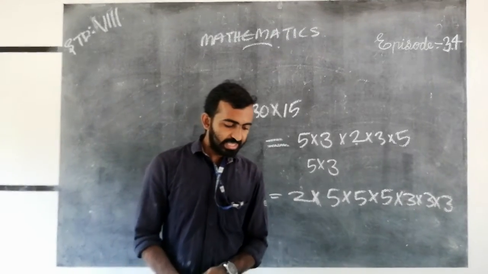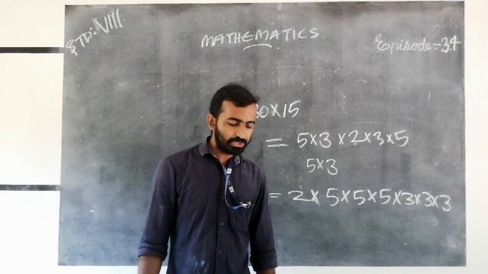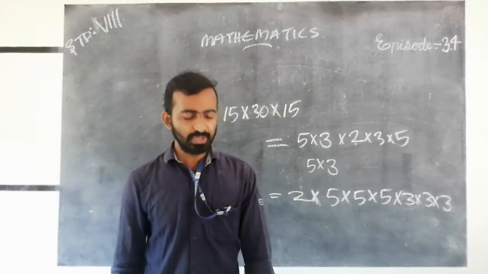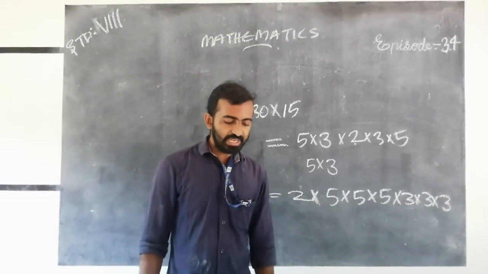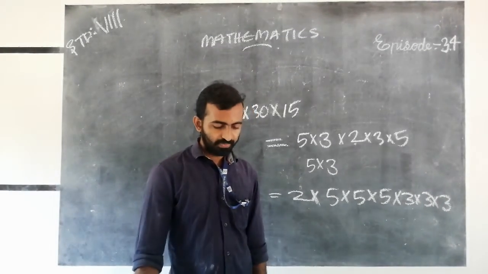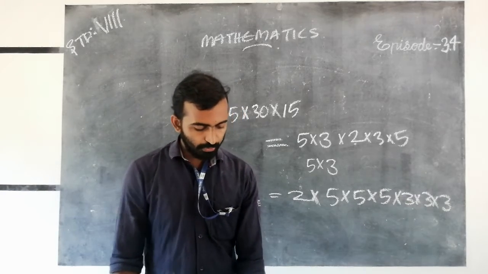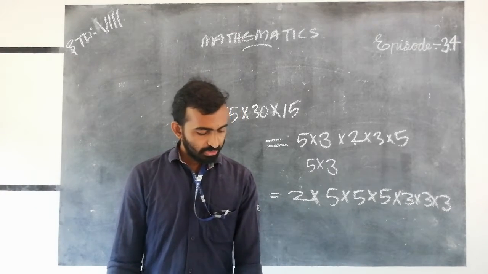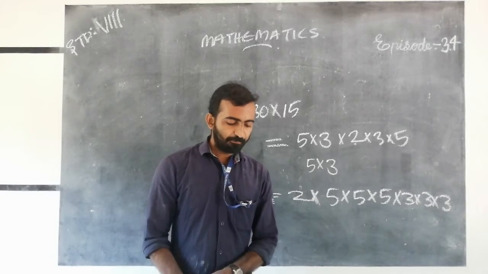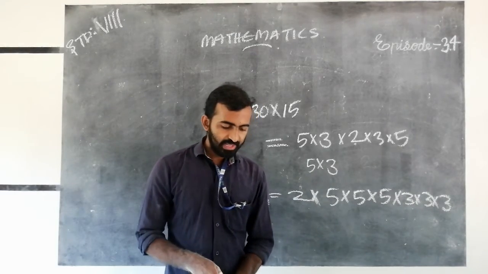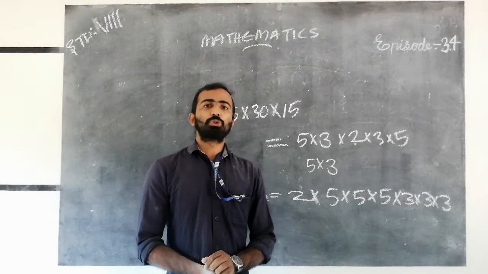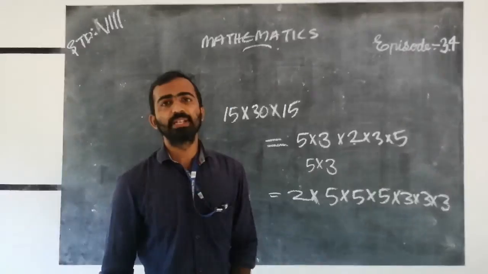Yes. Since there is only one 2 in the prime factorization, we need 2 into 2, that is 4, to make a perfect cube. Therefore, we need 4 such cuboids to make a cube.